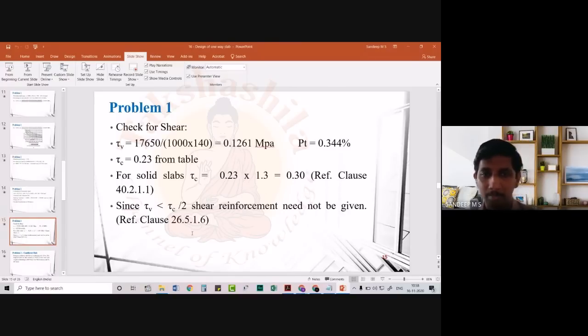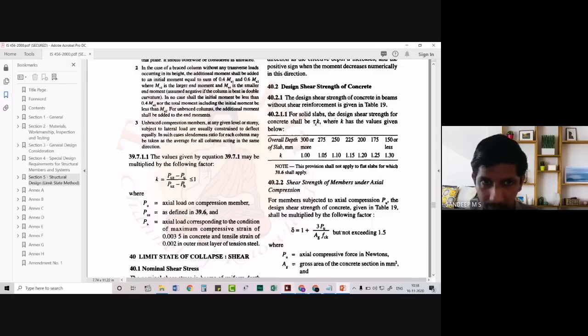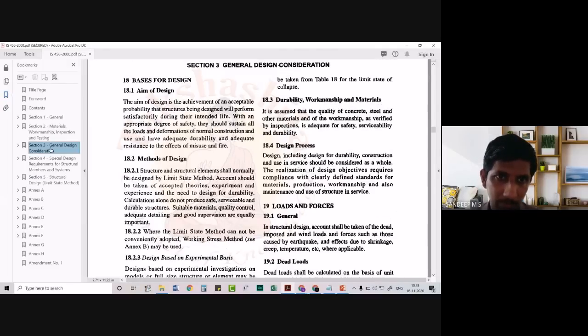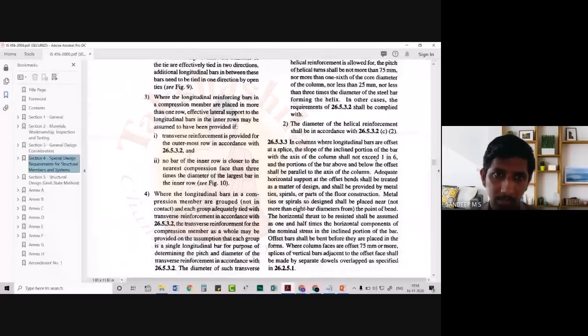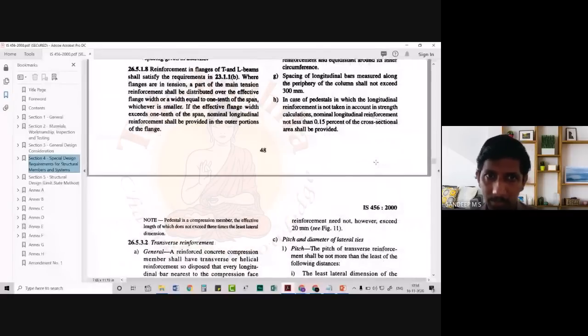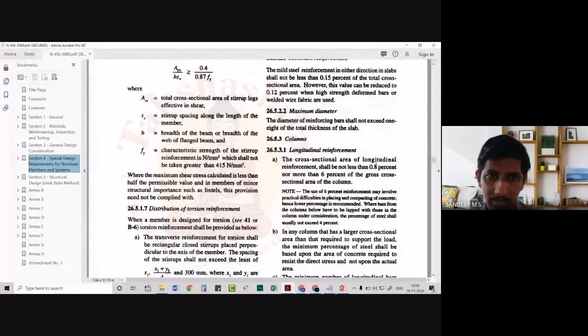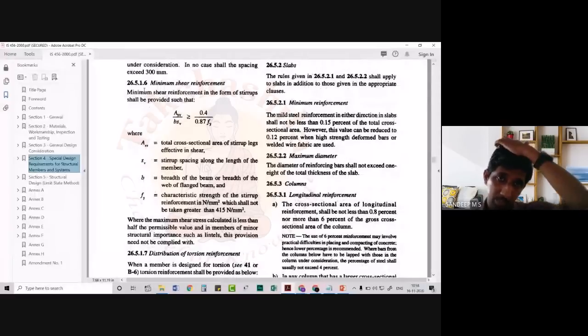Now, if you remember, in clause number 26.5.1.6, we will take that. 26.5.1.6 is minimum shear reinforcement.